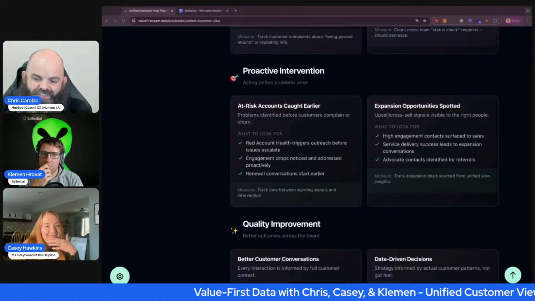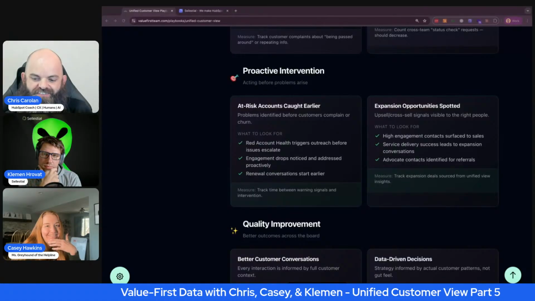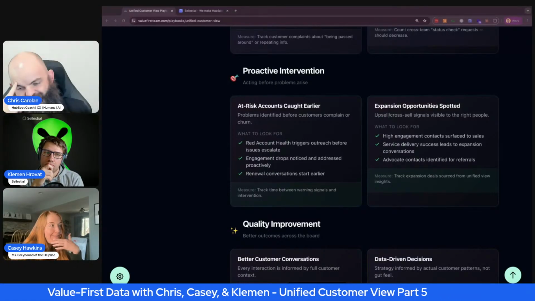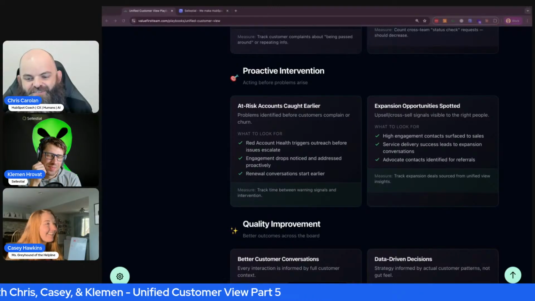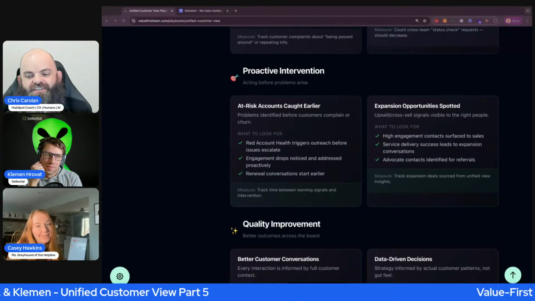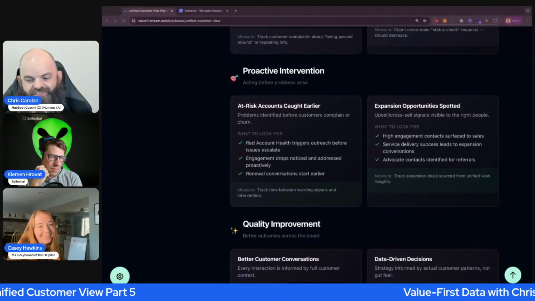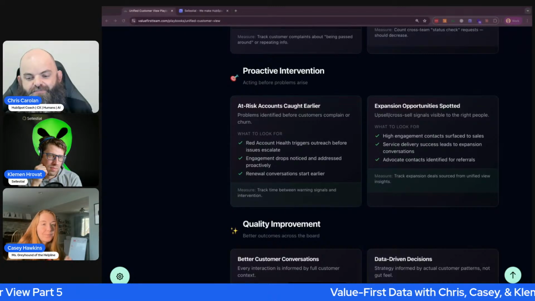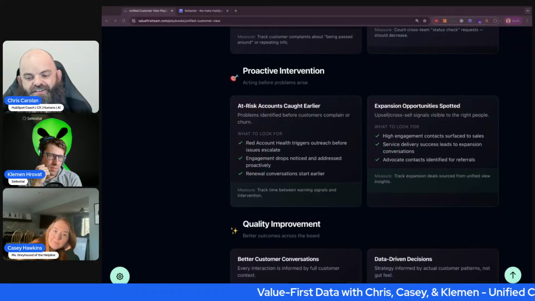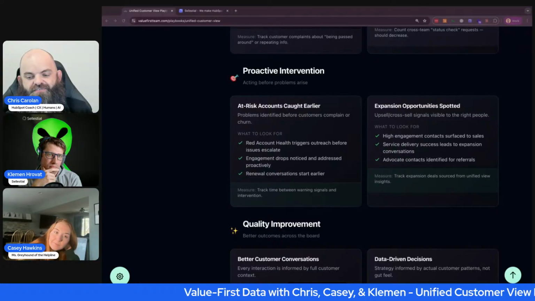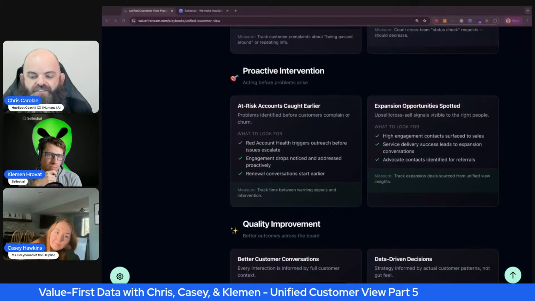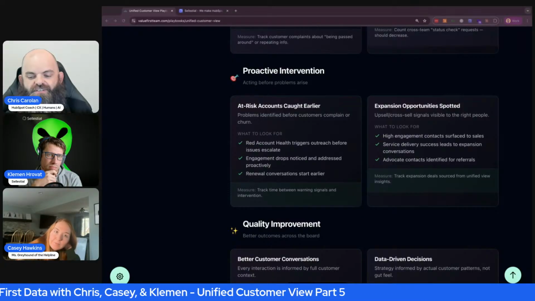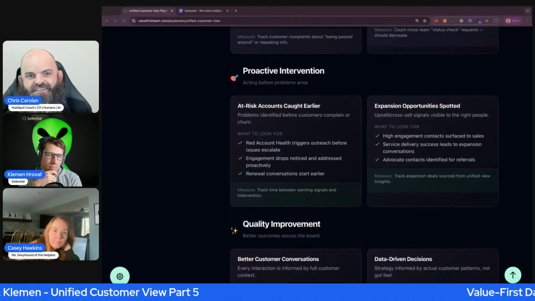Similarly, expansion opportunities spotted. God, there's so much opportunity in every HubSpot portal to tackle this, right? Upsell, cross-sell signals visible to the right people. And I've seen this on both sides: high engagement contacts surfaced to sales, service delivery success leading to expansion conversations, advocate contacts identified for referrals.